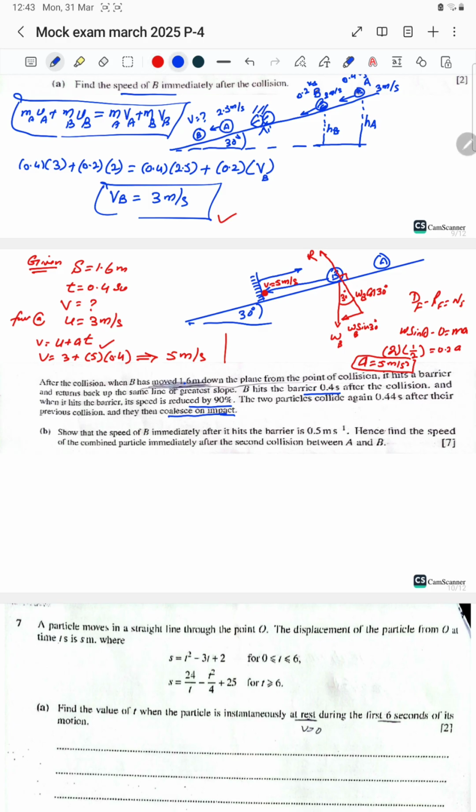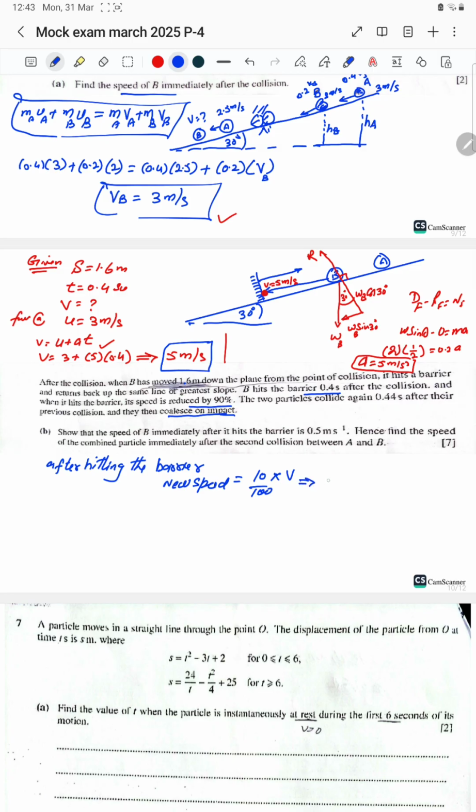Now it's given that after hitting the barrier, the particle B returns and the speed is reduced. The new speed will be 10 by 100 of the original. From 5 it is reduced by 90%, meaning 10% applied.